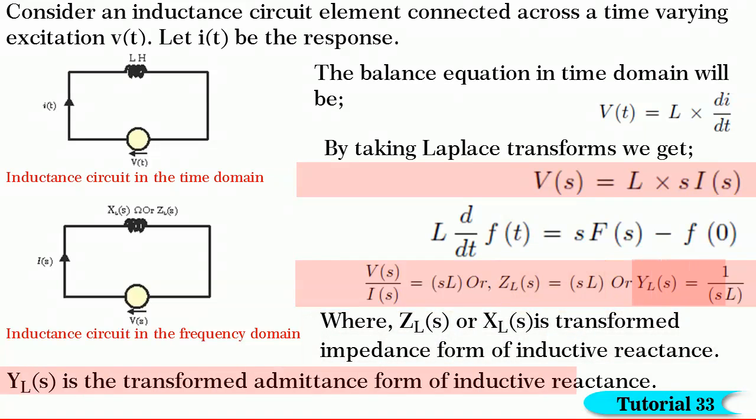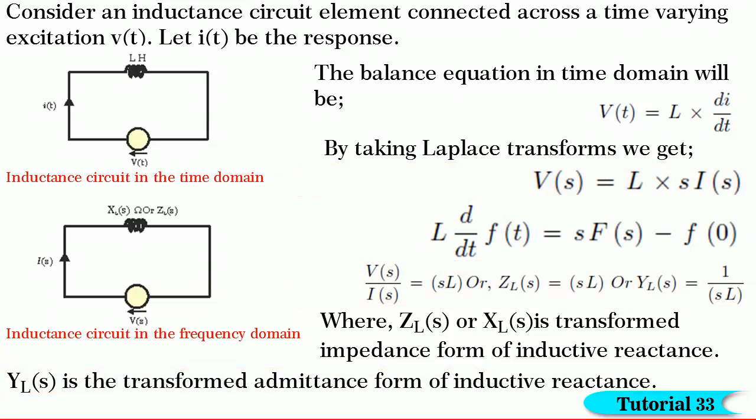Similarly, YL(s) is equal to 1 upon sL, where YL(s) is called the transformed admittance form of inductive reactance. Note that. If you keenly observe, friends, the equations we have obtained and recall what we have learnt in basic electrical engineering, you find similarity. There we represented XL is equal to omega L ohm, isn't it? Here XL will be called inductive reactance in ohms.